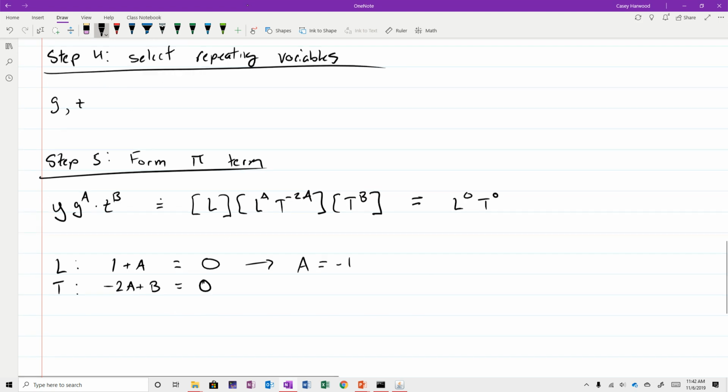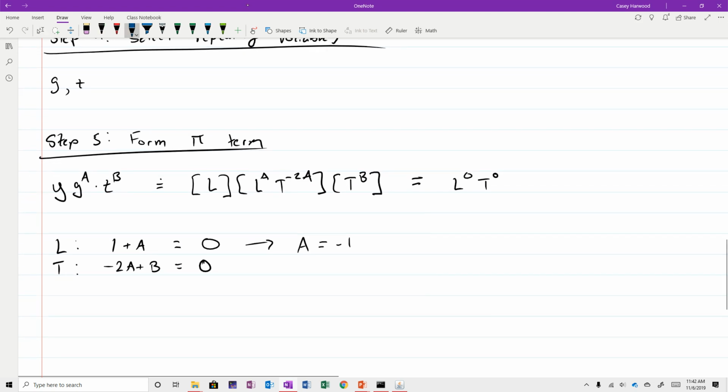We plug that in down here, and this becomes a 2, so 2 plus b is equal to 0. So b has to be equal to negative 2. So our pi term, pi 1, is equal to y over g t squared.